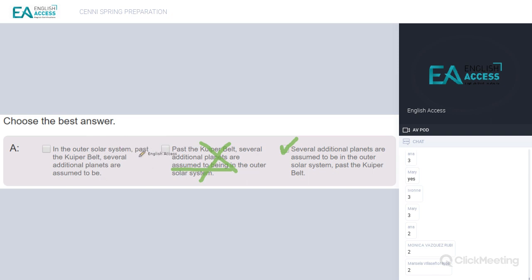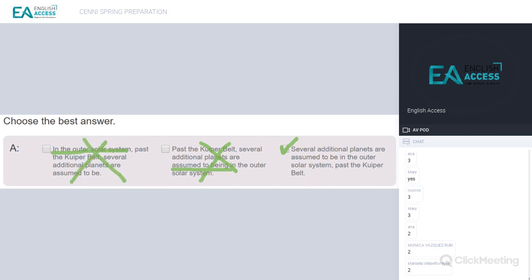This sounds good, but the problem is the complement. The complement should be at the end, not at the beginning. So the first one might sound correct, might have the words in order, but the complement needs to be at the end. So this is not correct.